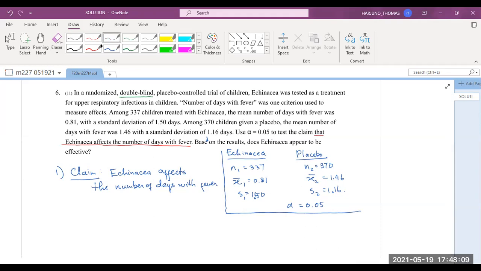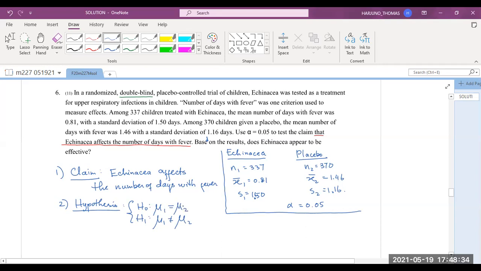Okay, so when we test the claim, the hypothesis will be mu1 is not equal to mu2, as opposed to the null hypothesis that it doesn't affect.